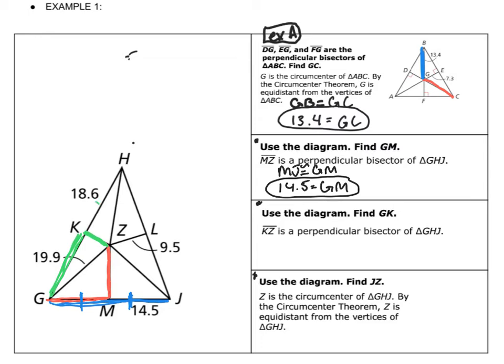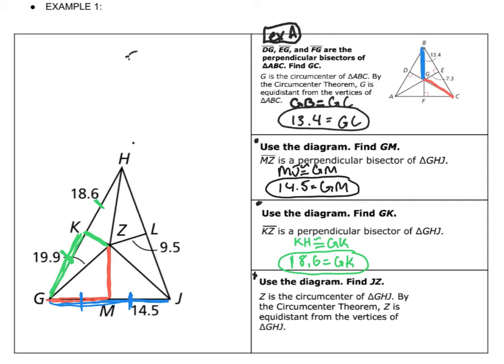That tells us that this piece here is congruent to this piece. So we know KH is going to be congruent to GK. We know KH is 18.6. Therefore, GK is 18.6.